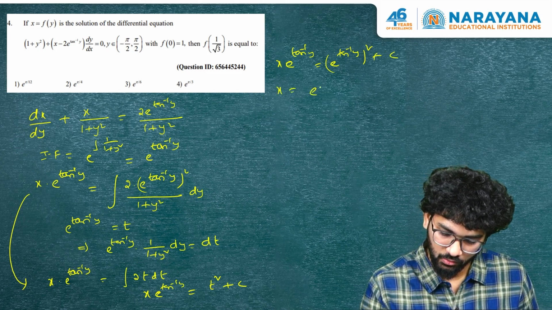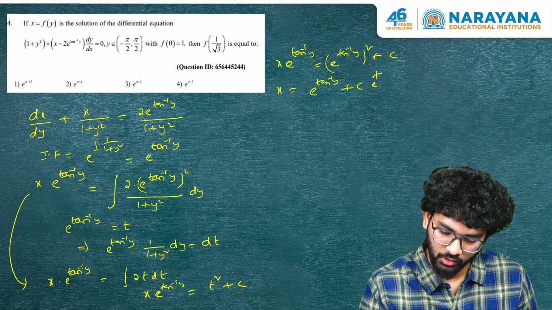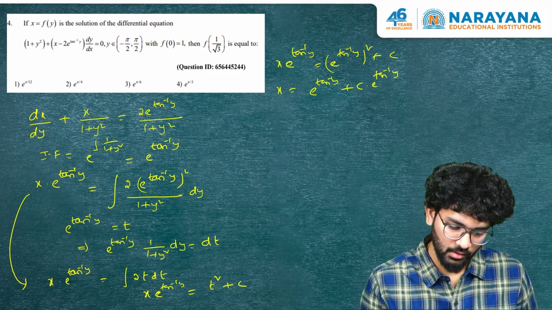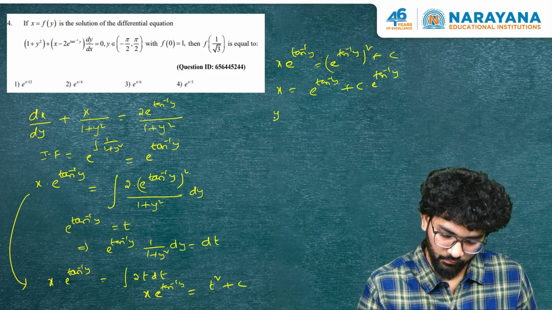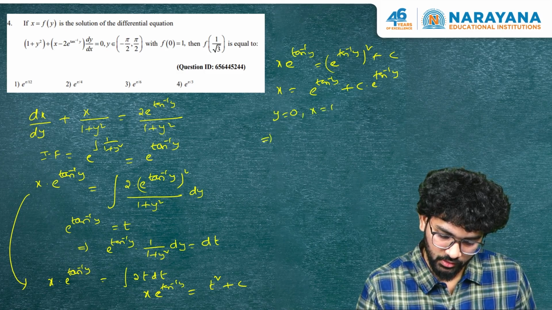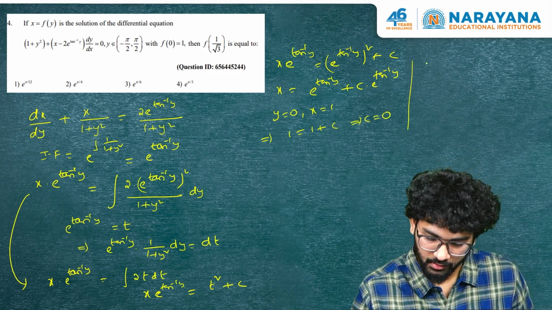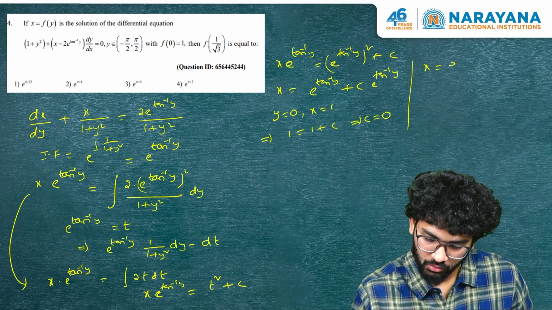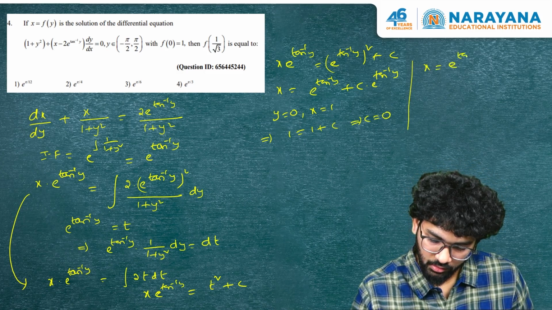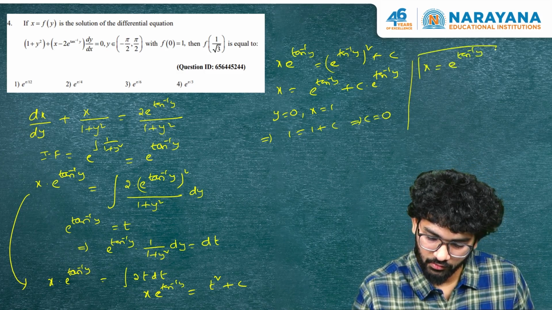So x is equal to e power tan inverse y plus c into e power minus tan inverse y. Now when y is equal to 0, x is given as 1, so this implies 1 is equal to 1 plus c, so c equal to 0. So finally we get x is equal to e power tan inverse y as the function.